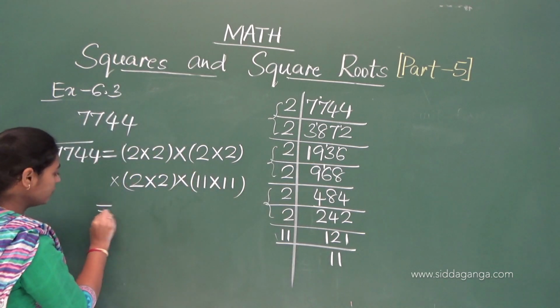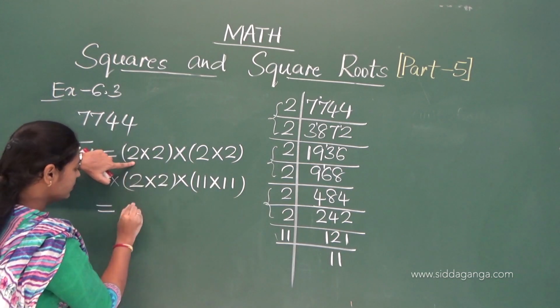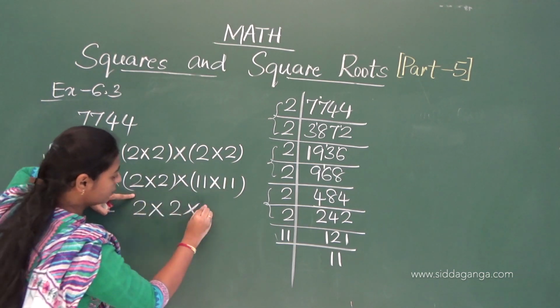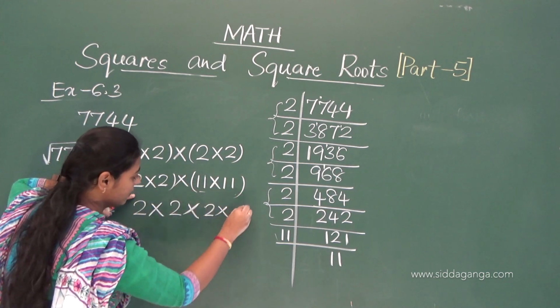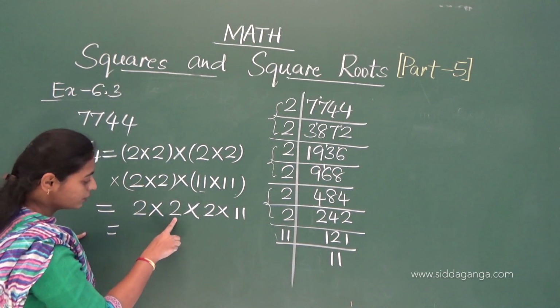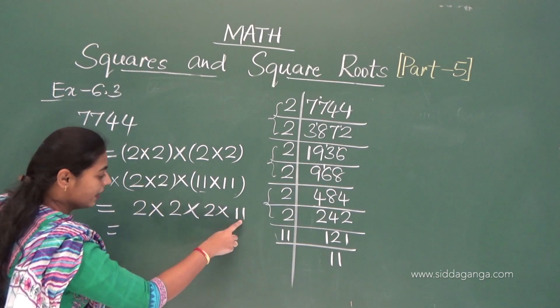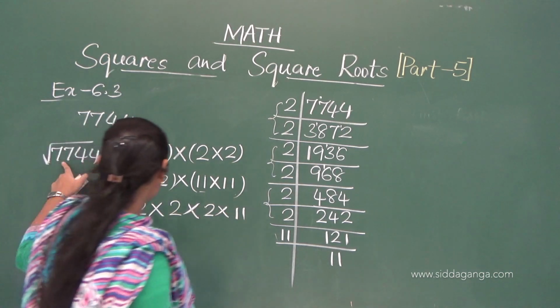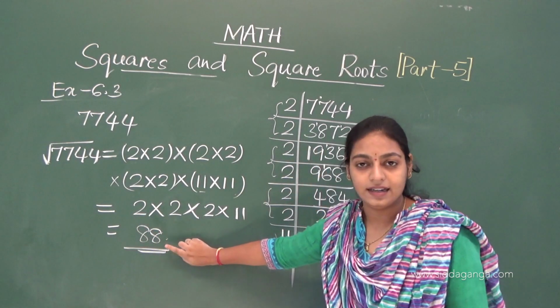Next, take out one factor from each of these pairs: 2 into 2 into 2 into 11. That is equal to 2 twos are 4, 4 twos are 8, 8 into 11 is 88. Root of 7744 is 88.